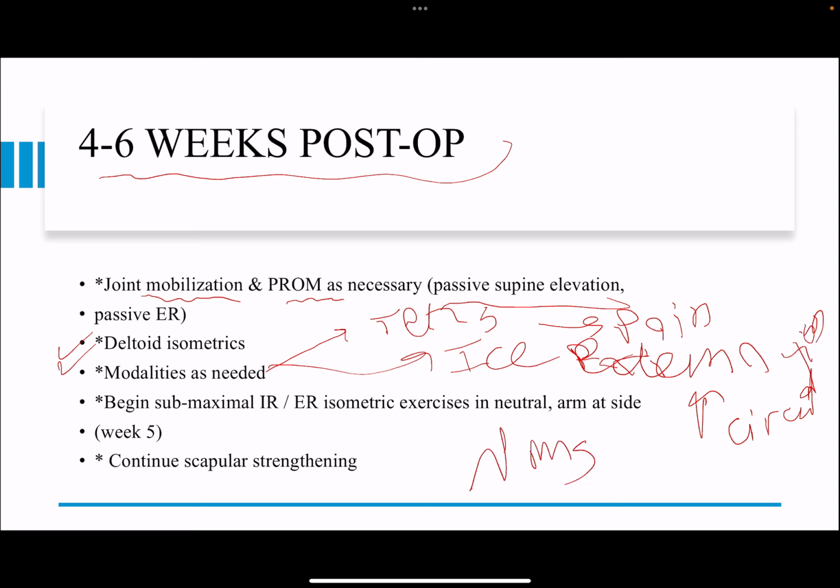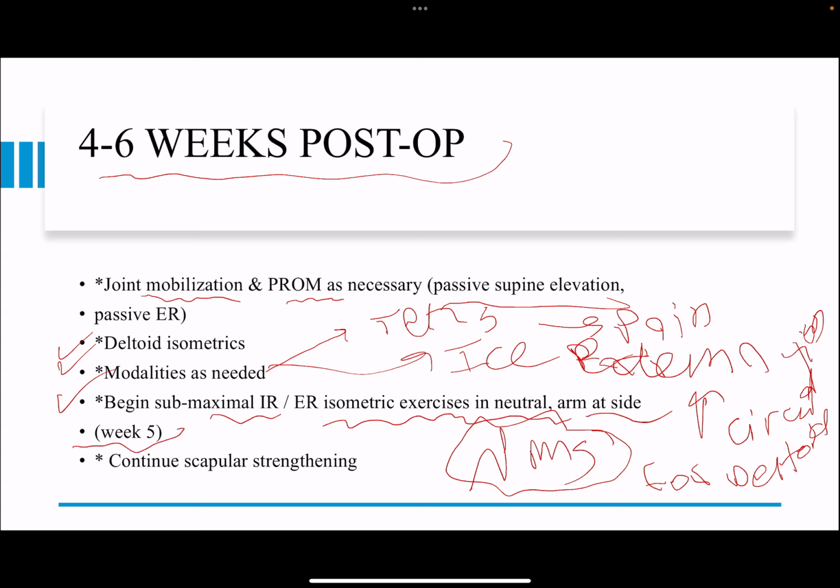Neuromuscular facilitation also for deltoid. And I will summarize the electromodalities by the end of this video. Begin submaximal internal and external isometric exercise in neutral, as we mentioned, at week 5, and continue scapular strengthening.